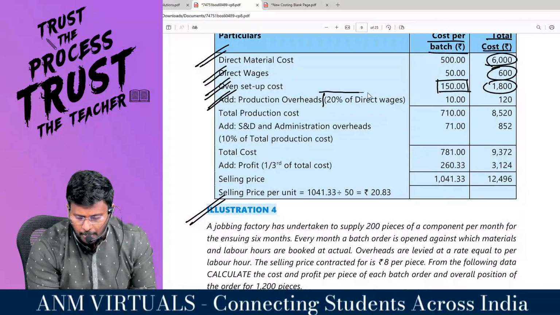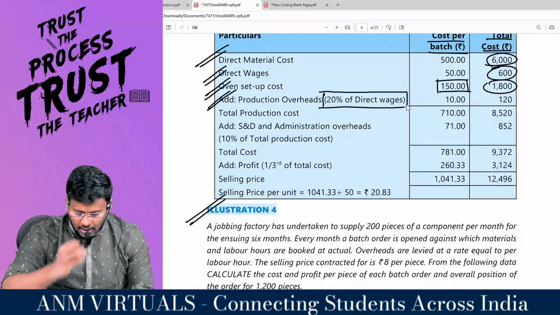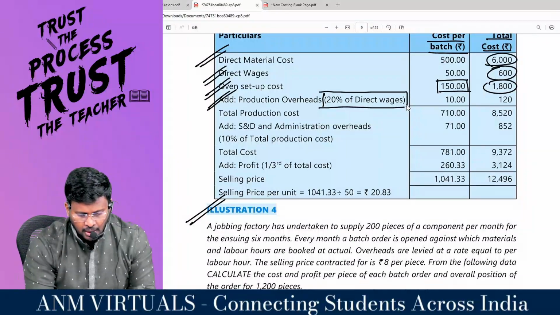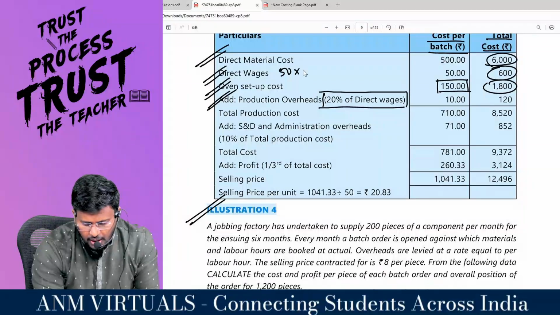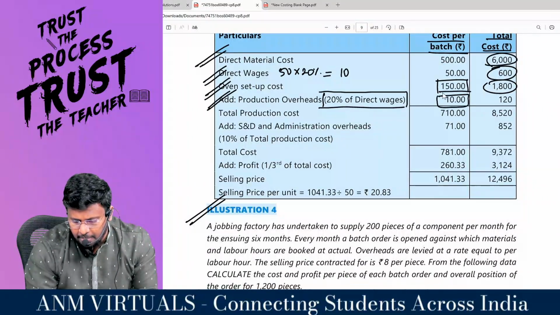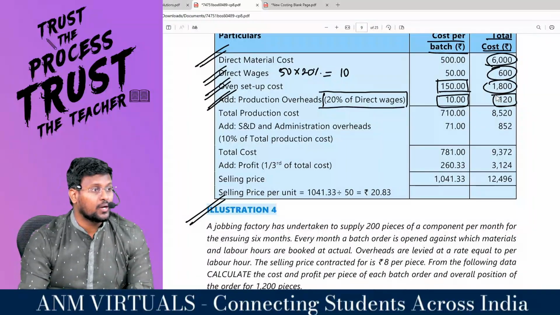Production overhead means factory overhead. You have to absorb the factory overhead. Generally, we will absorb the factory overhead based on the direct wages, because the reason for every problem is human beings. So 50 into 20 percent comes to 10 per batch. For 12 batches, 10 into 12 comes to 120 rupees.